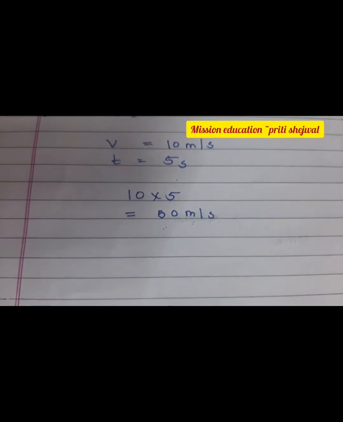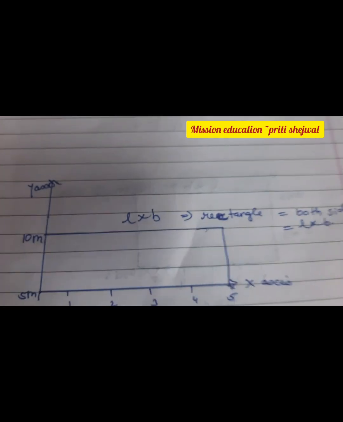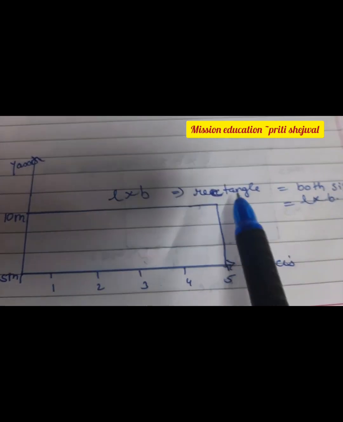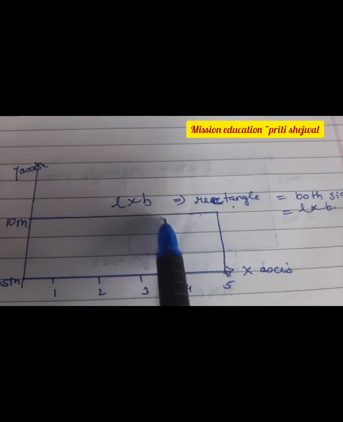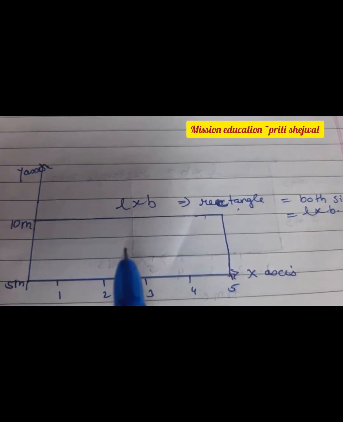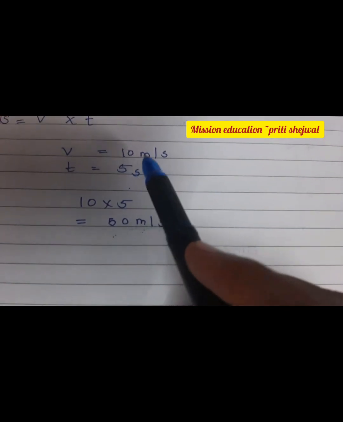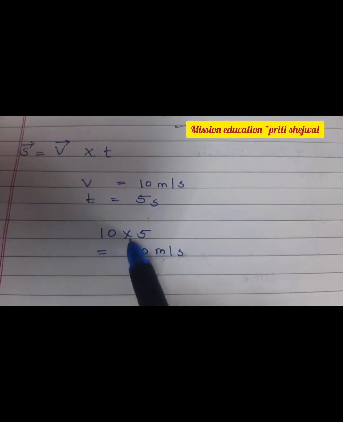So 10 into 5 gives 50. Okay. So this becomes a rectangle. See this one. This was the example, isn't it? So here we have used the rectangle formula, length into breadth. We know time and we know velocity. So we multiply both terms. 10 into 5 gives you 50.